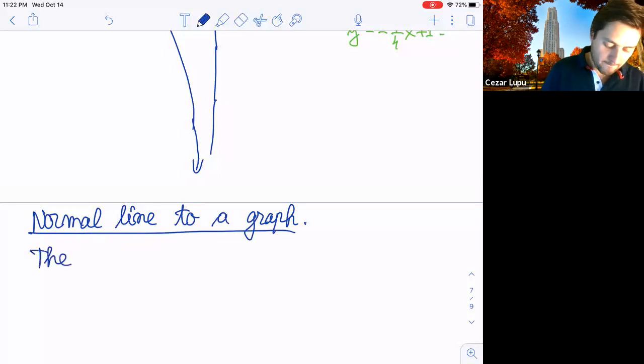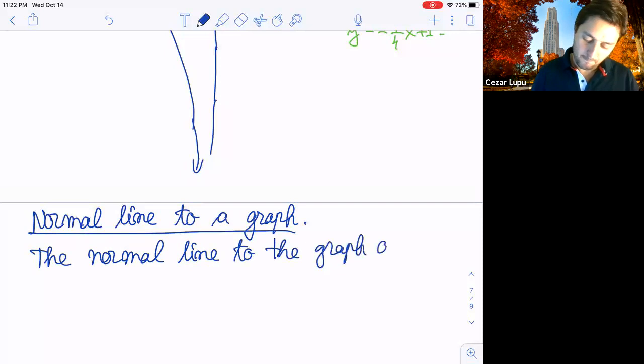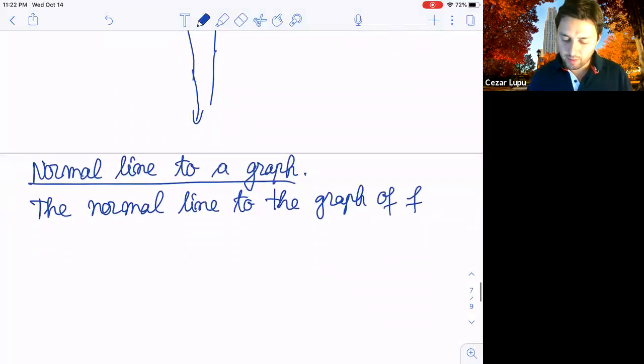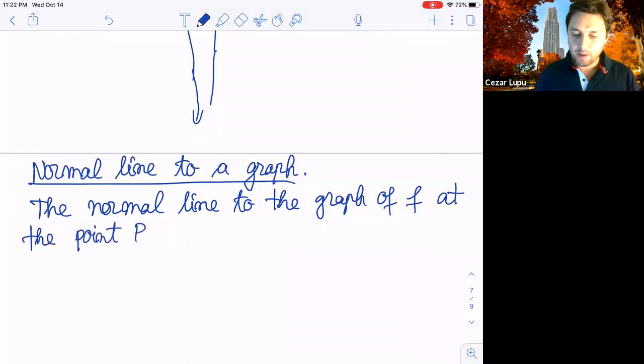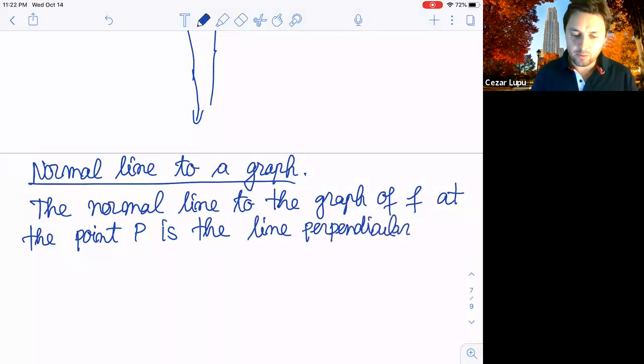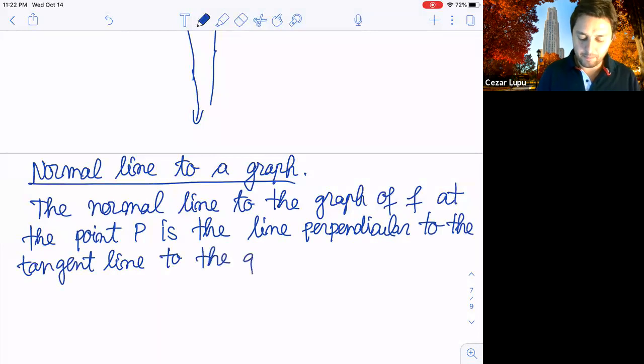So the normal line to the graph of a function f at the point P is the line perpendicular to the tangent line to the graph at the point P, right? So that's what it is.